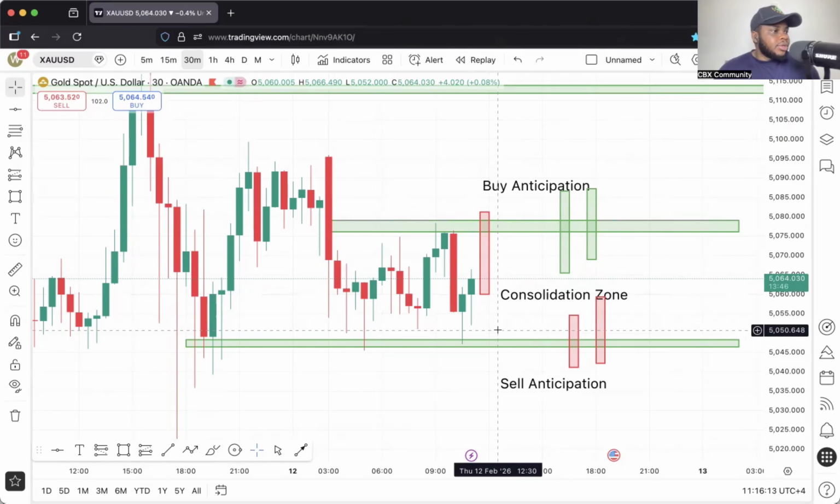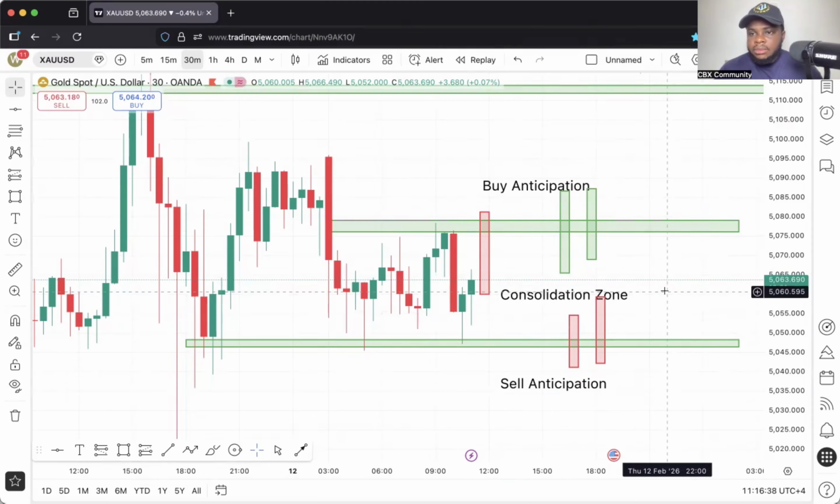Let's see. I'm just looking at my other screen just for me to have an idea what the other time frame is printing. See that the 15 minutes candle has closed.